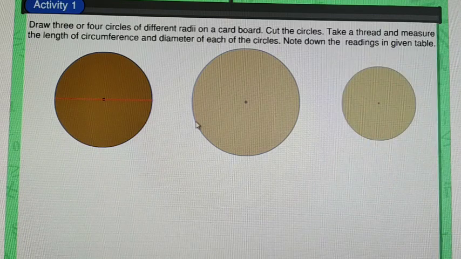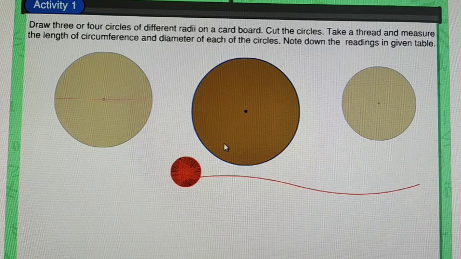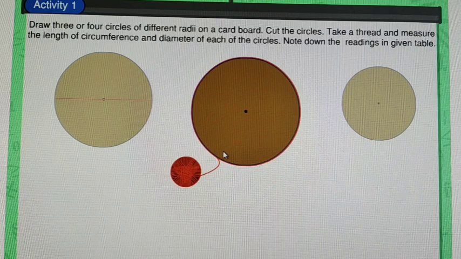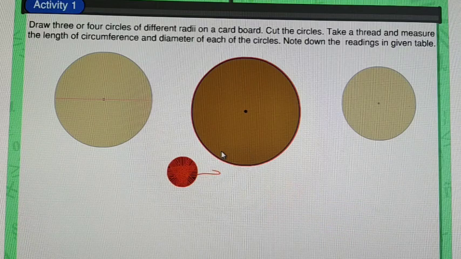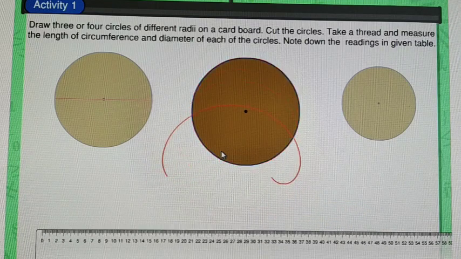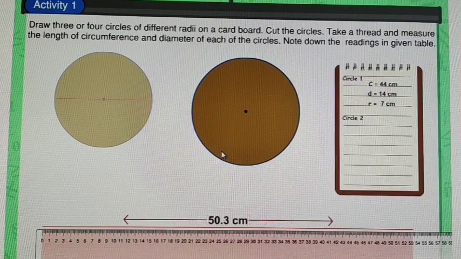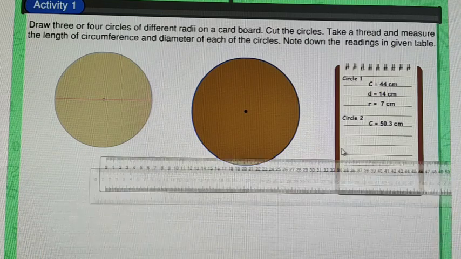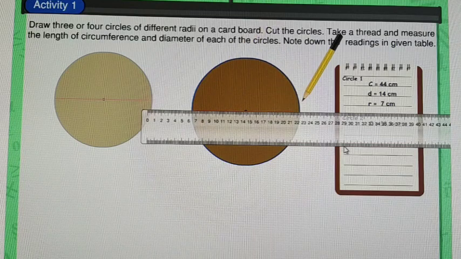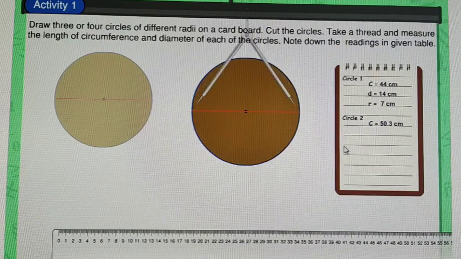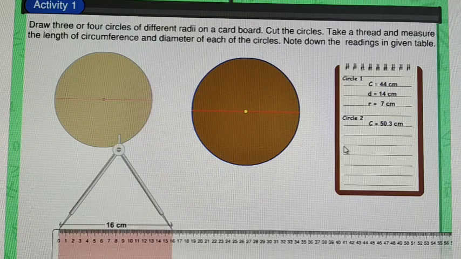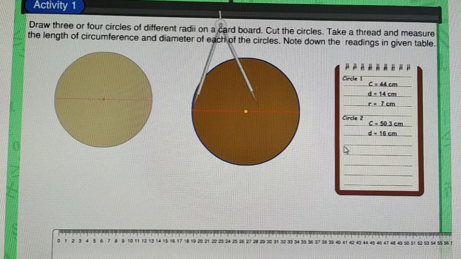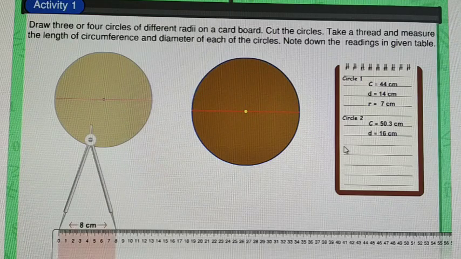Similarly, we will calculate the second circle. Circumference is 50.3 centimeter. Diameter is 16 centimeter. And radius is 8 centimeter.